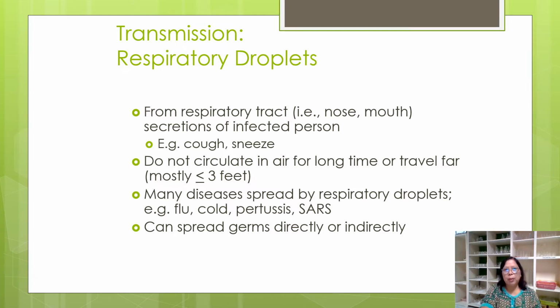Japan had been using the surgical mask even before the incidence of COVID because Japan was one of the early hosts of SARS. Respiratory droplets could spread germs directly or indirectly. This is a thing that you should always try to consider.